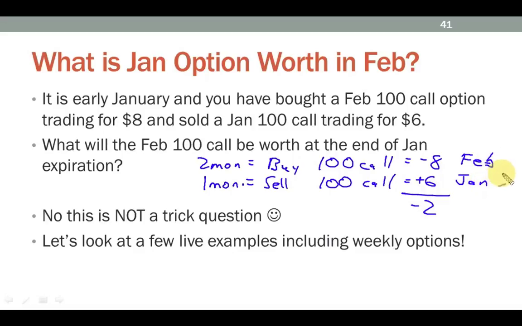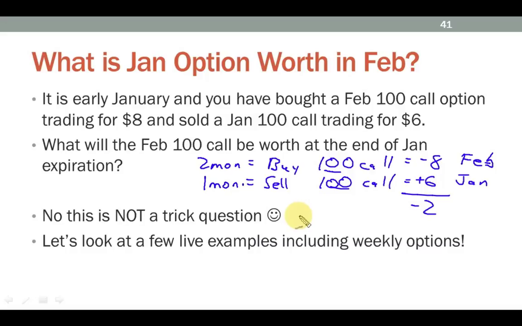A month. That's it. They're the same option. They're a 100 call and a 100 call, on the same stock. They're both calls. The only difference is the 2 month option has 2 months, and the 1 month option only has 1 month. So what's a 2 month option worth with only 1 month to go? $6.